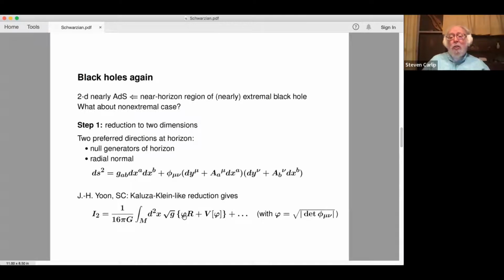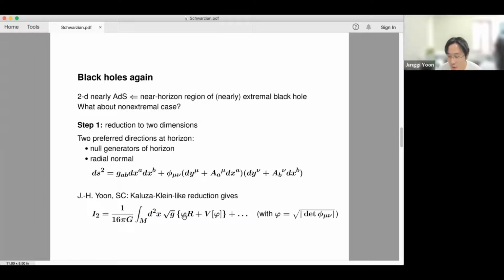For higher dimensions, for Kerr black holes or black strings or black rings, you still get this general form, but the potential depends in a complicated way on exactly what the starting theory was.